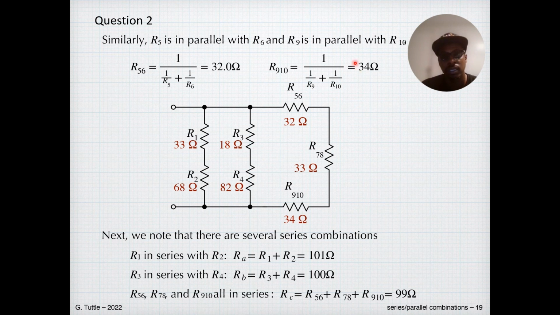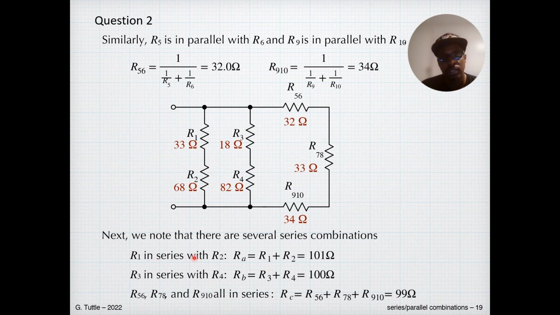Reciprocal just means 1 over resistors, all right? So just remember as you take this approach, right? So it's reciprocal over 1 over R9, 1 over R10, and we do it the same for all the resistors that are in parallel.